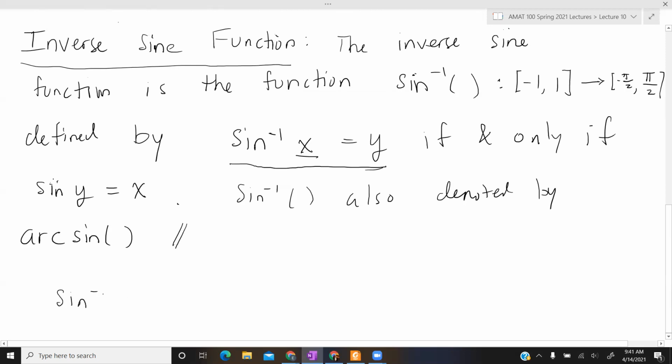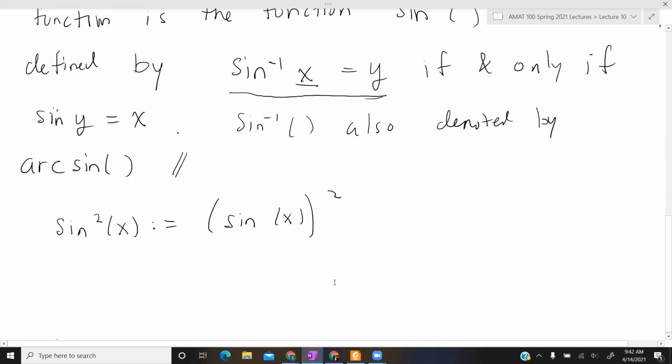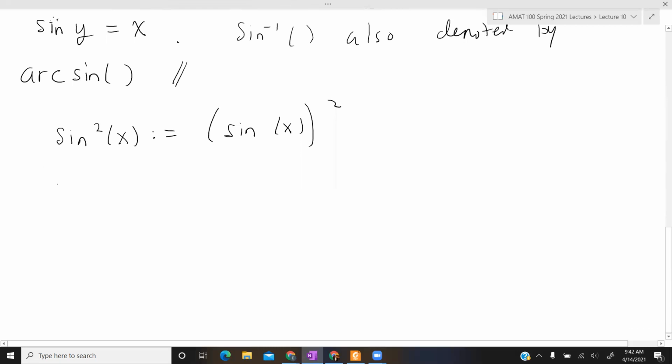First of all, I just want to point out that I use this convention right here, sine squared of x. I define that to be sine of x, squared. That was just convention, nothing mysterious there. This is where the convention kind of breaks.